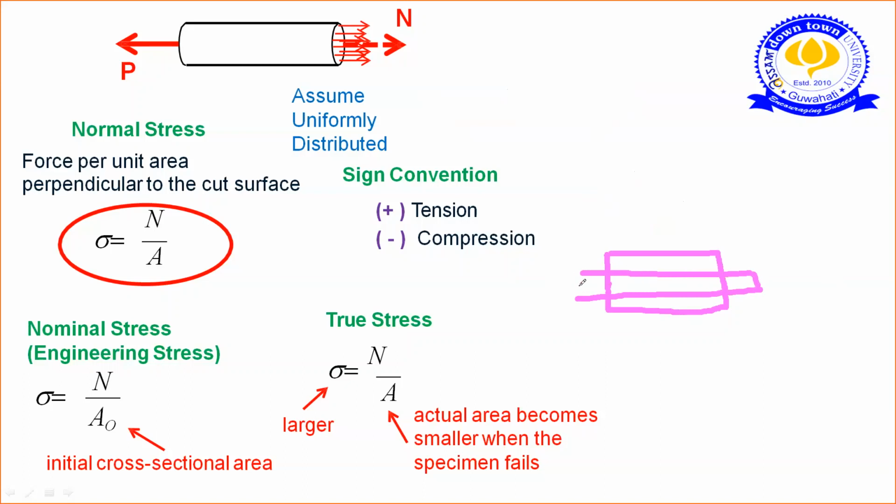It will elongate, and the thickness will reduce. The original area was A naught, and the new area is A. So nominal stress will be N by A naught, where A naught is the cross-sectional area before stretching.